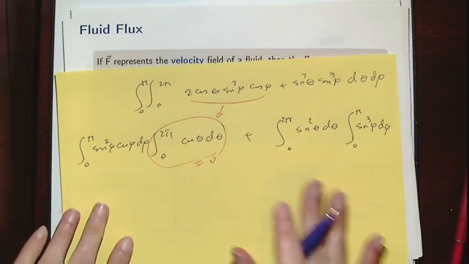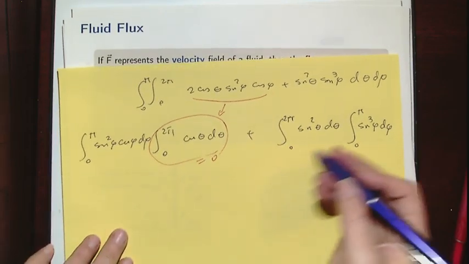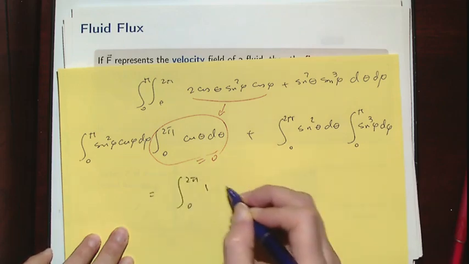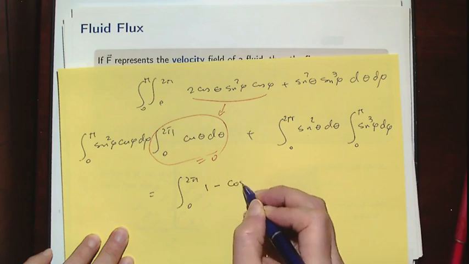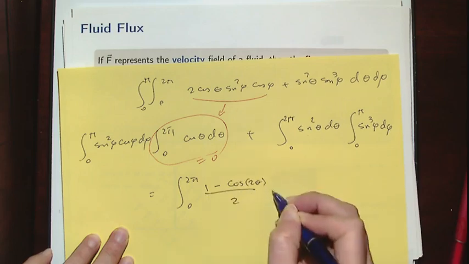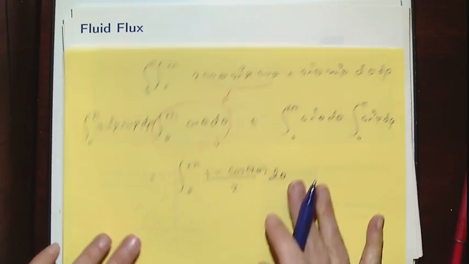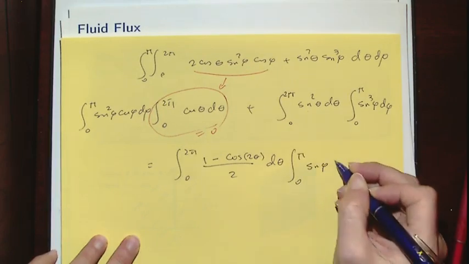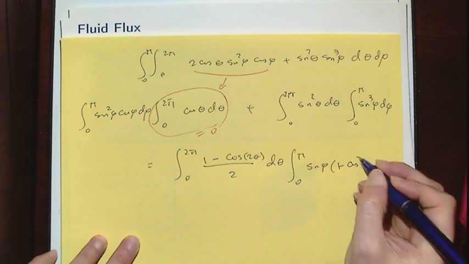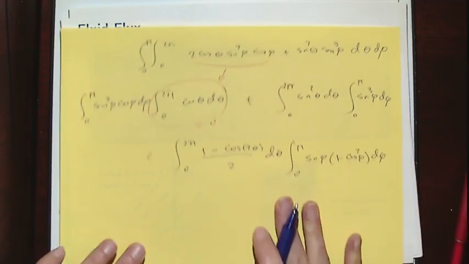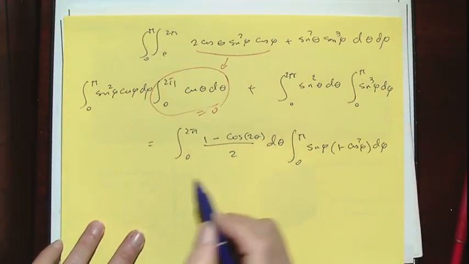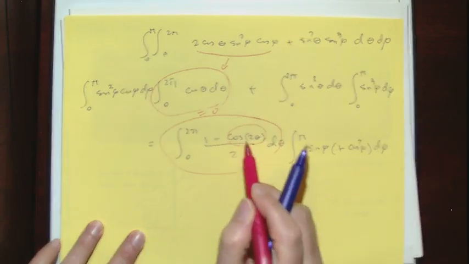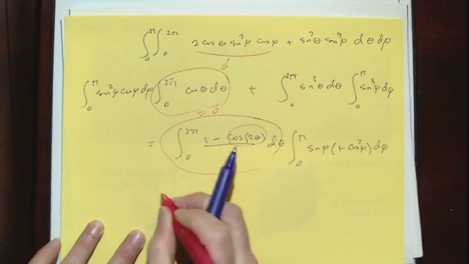So this part is 0. I just need to compute that part. This becomes the integral from 0 to 2 pi of 1 minus cosine 2 theta divided by 2 d theta, and that one becomes the integral from 0 to pi of sine phi times 1 minus cosine squared phi d phi. Right? And so the first part, the integral of the cosine part is going to be 0, so I will have just pi.